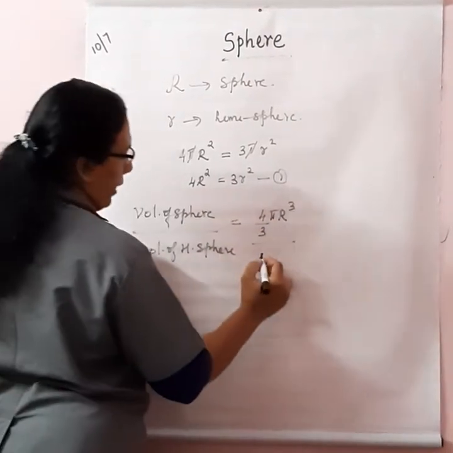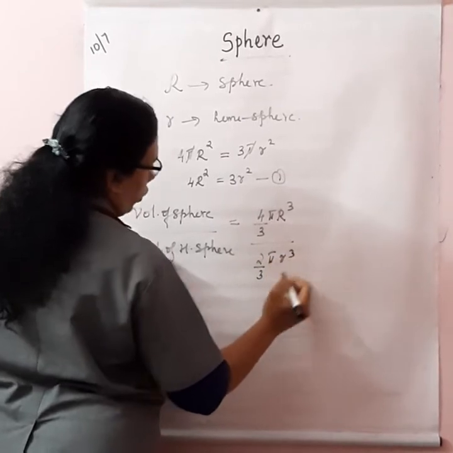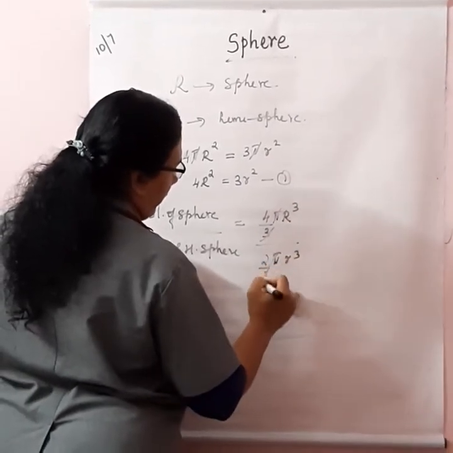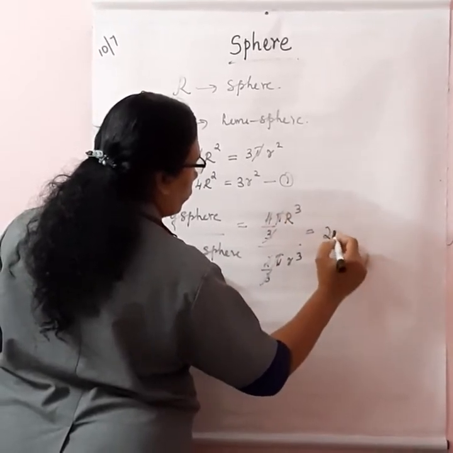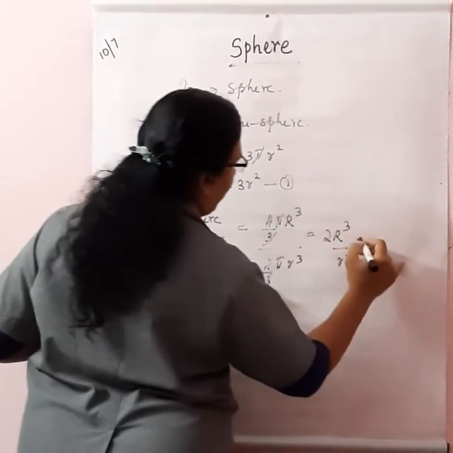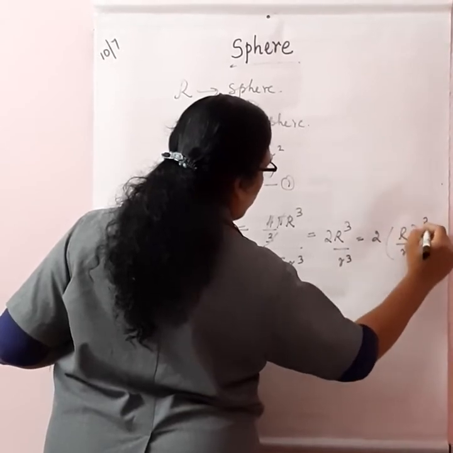It is half of that. So it is 2 by 3 pi small r cube. Now see, pi and pi by 3 cancel, and 2 will go here twice. 2 capital R cube by small r cube. Or I can write it as 2 into capital R by small r whole cube.